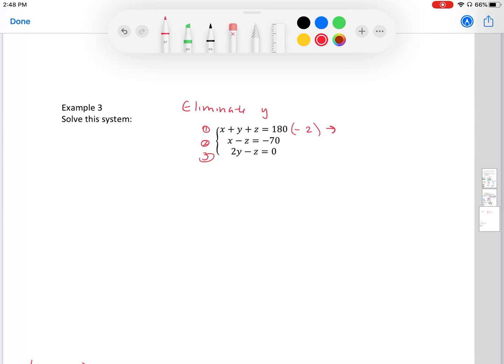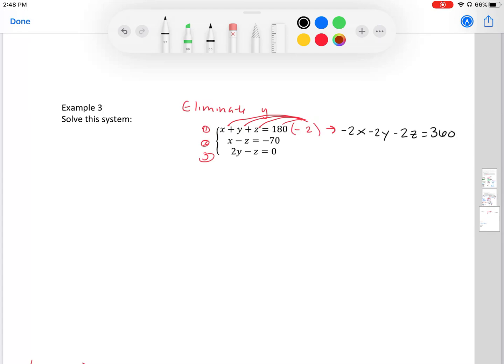Let me multiply that 2 to each one so I don't make that same mistake that I keep making. So I have negative 2x minus 2y minus 2z is equal to 180 times 2. That gives us 360.